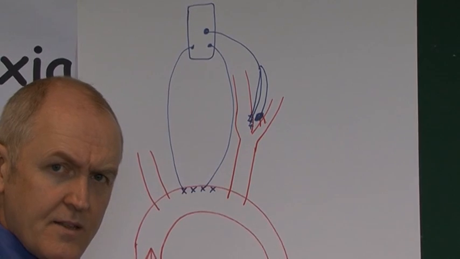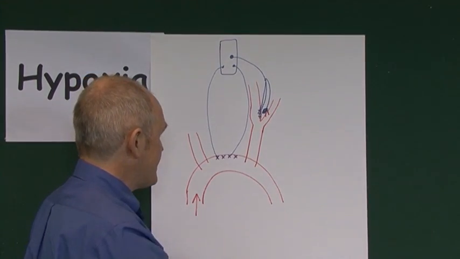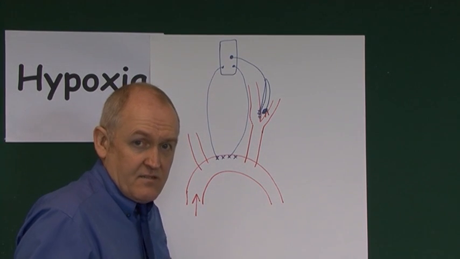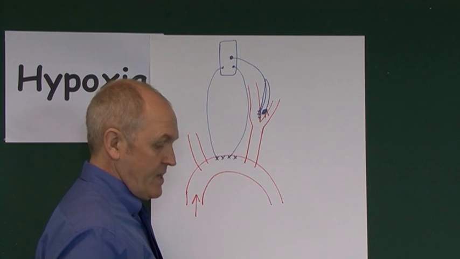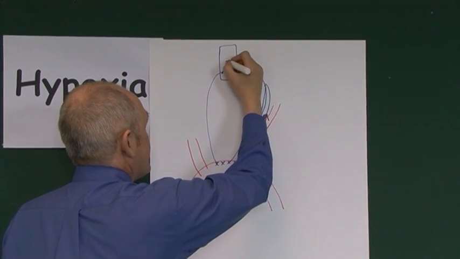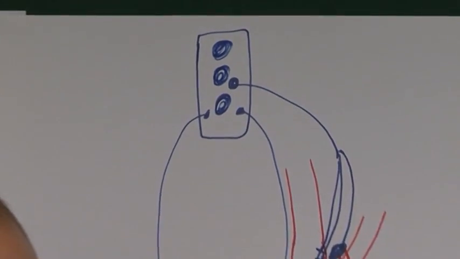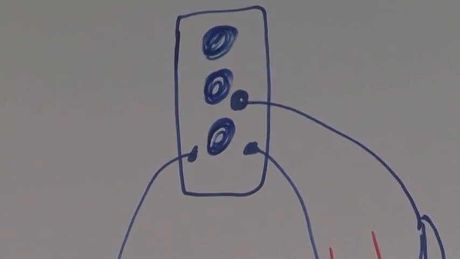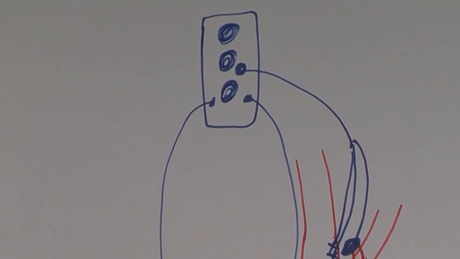Now, if the amount of oxygen in this blood is reduced, this is detected within a second, a fraction of a second even, by the medulla oblongata of the brainstem. And of course this contains the respiratory centre, the cardiac centre, and the vasomotor centre. So these centres are essentially informed if the levels of oxygen in the blood drop.